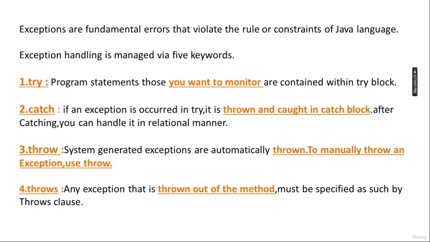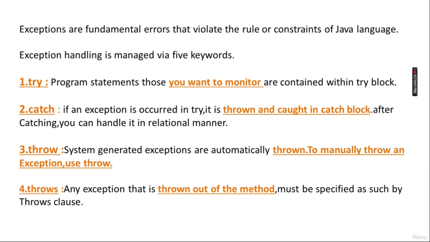First of all, whatever piece of code you want to check, where it can have some exception, you will write into the try block: try, followed by opening and closing curly braces.